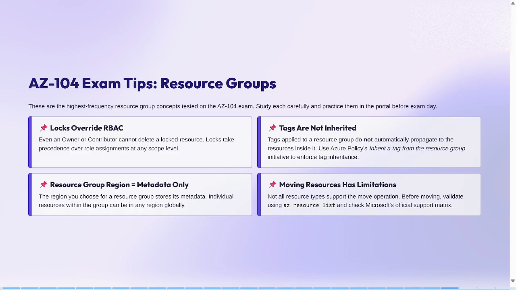For example, you want to move a virtual machine to another resource group. Before moving, check whether dependent resources can also be moved, because when you create a virtual machine, a network interface will be attached, a managed disk will be there and a public IP will be there. So you have to verify those dependencies before moving the resource.